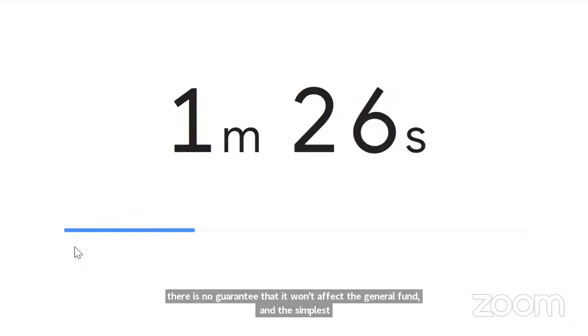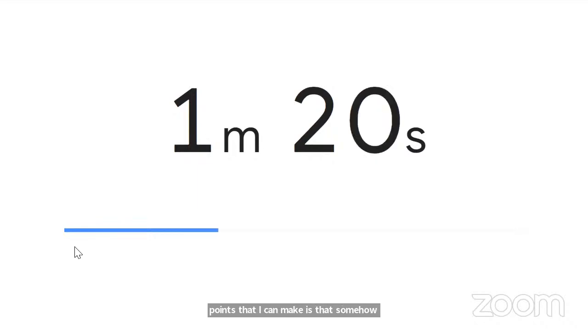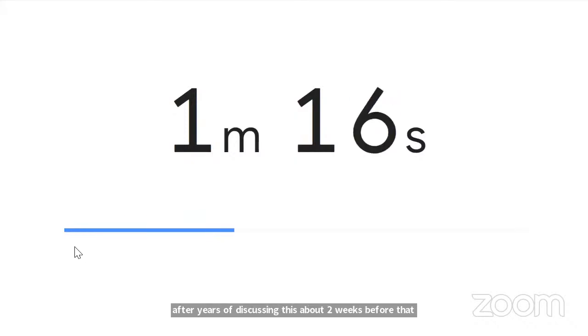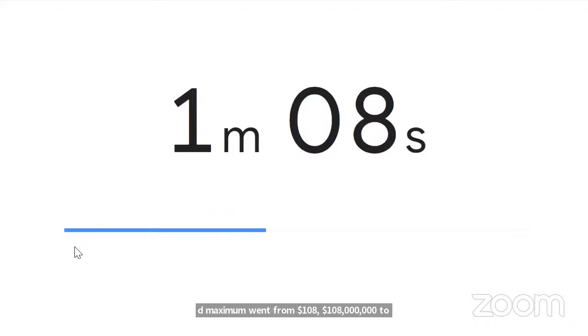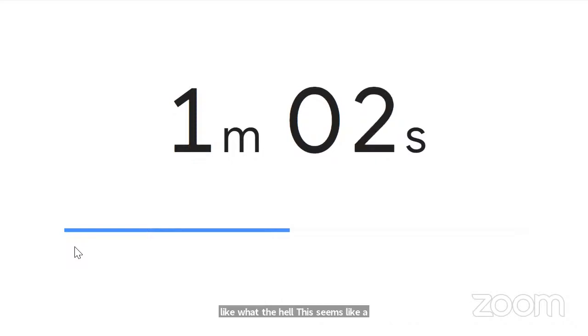And the simplest point that I can make is that somehow, after years of discussing this, about 2 weeks before you're having this vote, all of a sudden the bond maximum went from $108 million to what, $298 million? What the hell? This seems like a classic bait and switch to me.